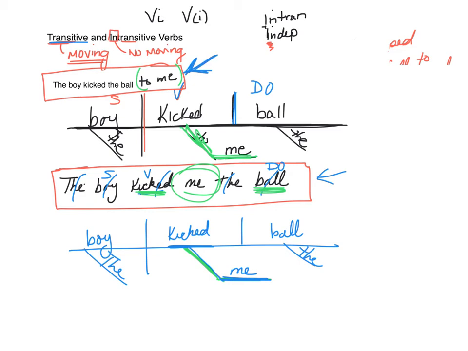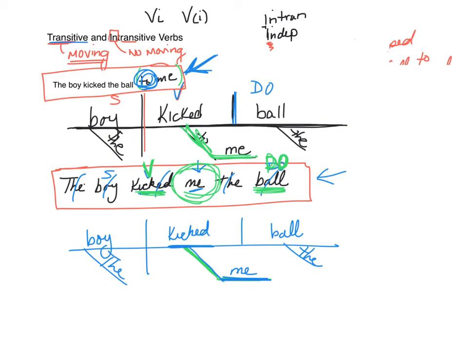But apparently English speakers didn't like having to use one additional word, and so they started putting this object, again, an object is any noun that is not taking action itself, right in between the verb and the direct object, so that it is no longer in a prepositional phrase, but instead is just kind of jammed in the middle right here. So we have really a word there too, but we've started dropping it, almost like we drop the O in some contractions or the N in some contractions.